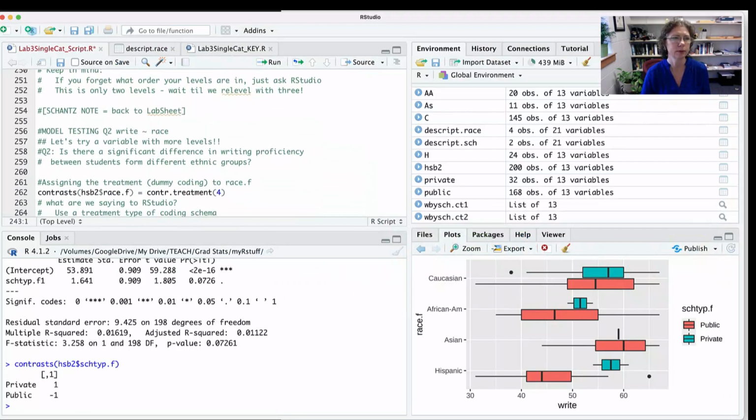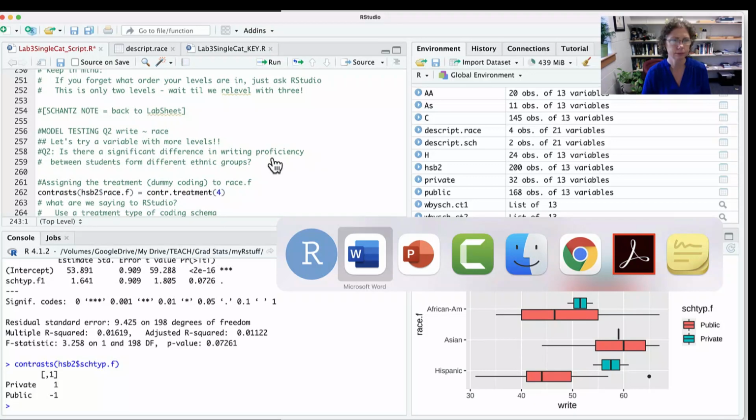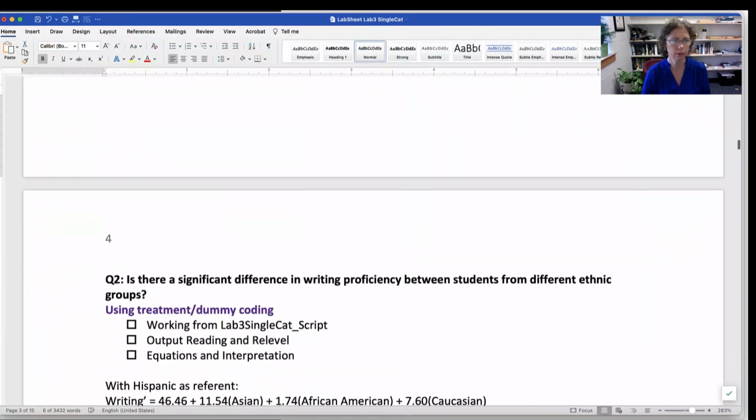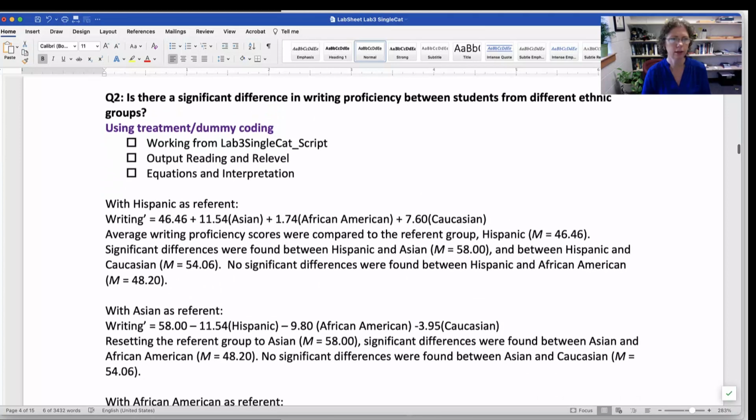Okay, so going back to our lab sheet, we're going to look at our next question. Is there a significant difference in writing proficiency between students from different ethnic groups? So using treatment and dummy coding, we're going to start that way, and that's where we're comparing to a referent.